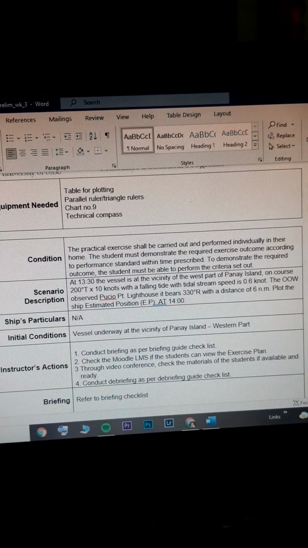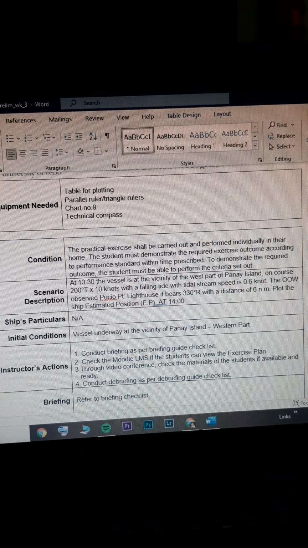At first, it is very important to know the description of our scenario. So, this is the scenario. At 1330, the vessel is at the vicinity of the west part of Panay Island on a course of 200 degrees true at 10 knots with a falling tide, and the tidal stream speed is 0.6 knot.